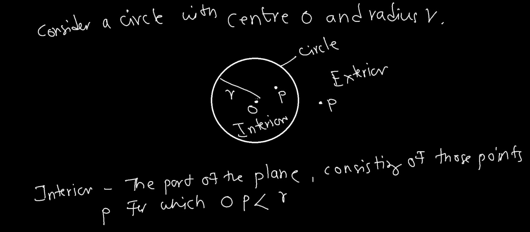Radius means the distance from O to, let's say, Q, where Q is on the circle. So from the center to a point on the circle, that's the radius. But here, P is inside the circle, and the distance from O to P is less than R, the radius of the circle. So that defines that point P is in the interior of the circle, or the set of such points forms the interior of the circle.